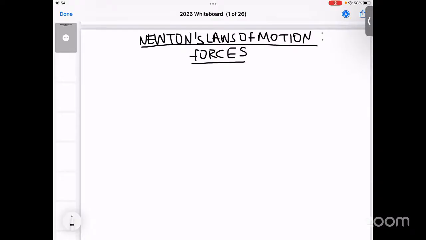That action, whereby it is a push or a pull exerted on an object by another, is therefore referred to as a force.